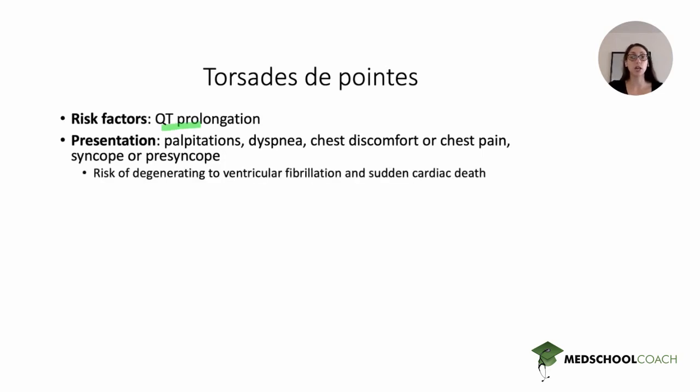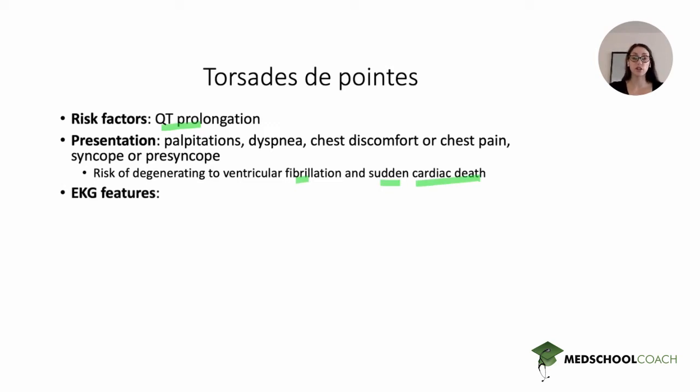The major complication and risk here is that this rhythm can rapidly degenerate into VFib and sudden cardiac death. So this is not something to just twiddle our thumbs about. This is a very serious rhythm when we see it.